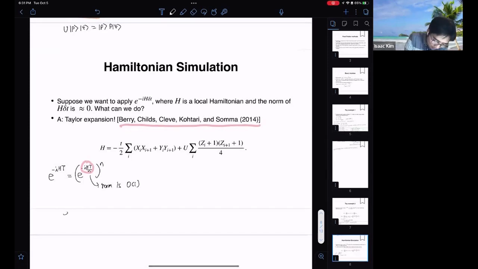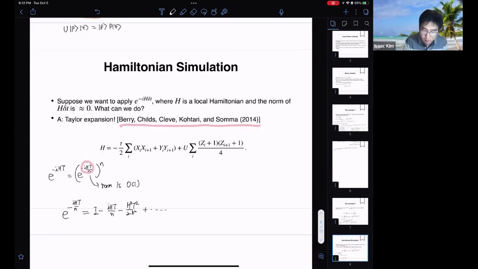And the thing is, by doing so, you can again express this unit time evolution as a linear combination of unitary. So this will be just identity minus iHt minus da da da.